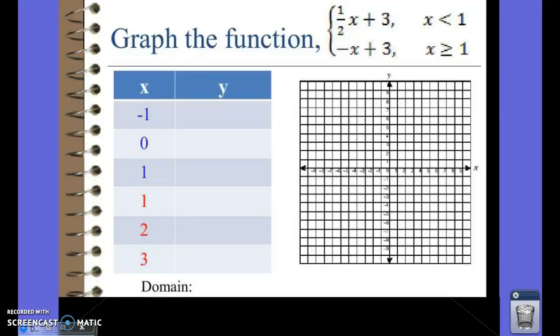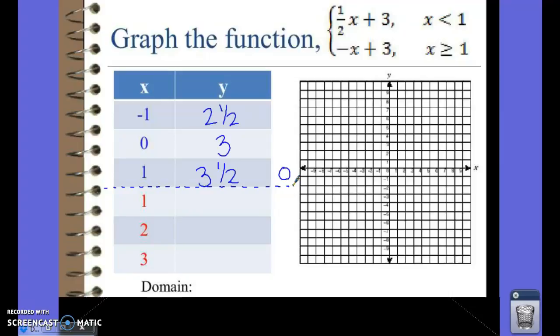So, negative 1 times a half plus 3, 1/2 times 0 plus 3, 1/2 times 1 plus 3. And we already said that this would be an open circle. 1's on my table of values twice because 1 is my breaking point.